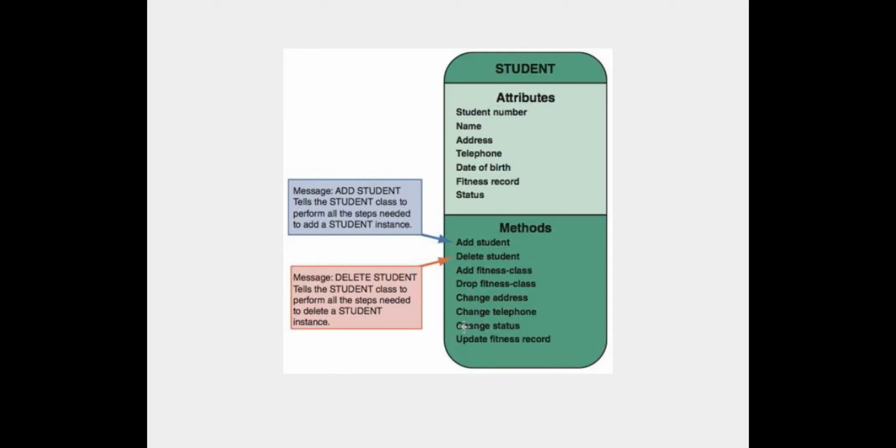When you say add student, you tell the student class to perform all the steps needed to add a student. Similar to that, we can say delete student. Then you say student class, all the steps to delete a student.